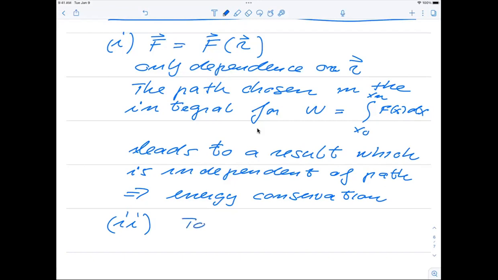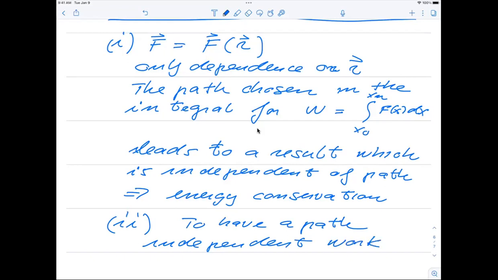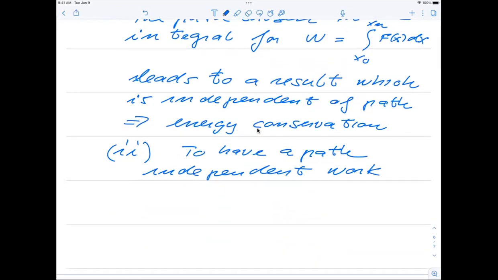To have a path independent work, we have the important condition. What we need then is that the curl of the force is equal to 0. And we are going to play around with these kinds of expressions again and again in the coming weeks.